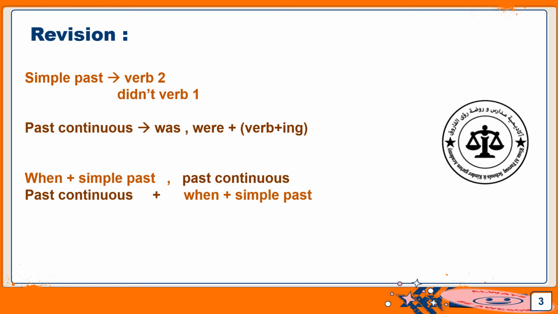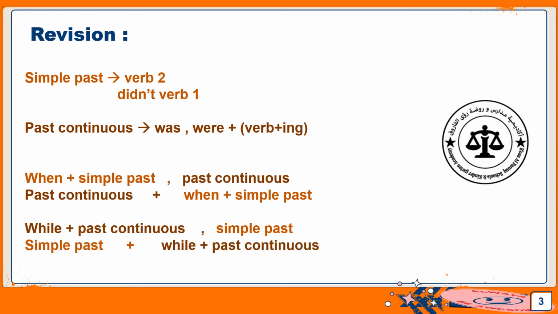What about while? While is followed by the past continuous, then a comma, then simple past. And if we want to use while in the middle of the sentences, we don't put a comma between the two sentences, as we see here. These are the forms of past continuous with when and while.